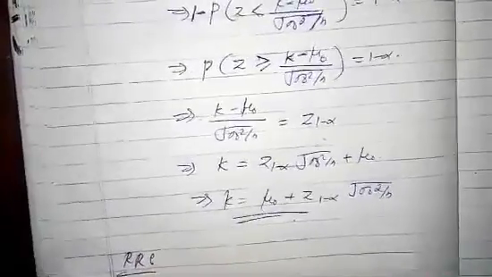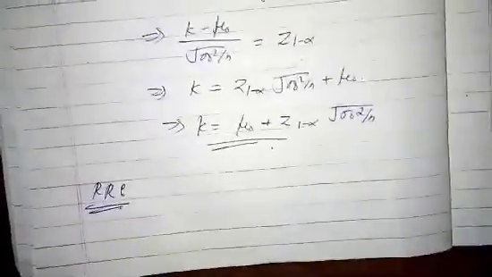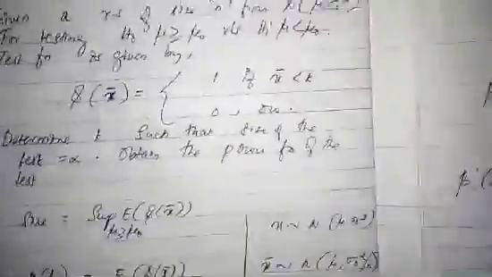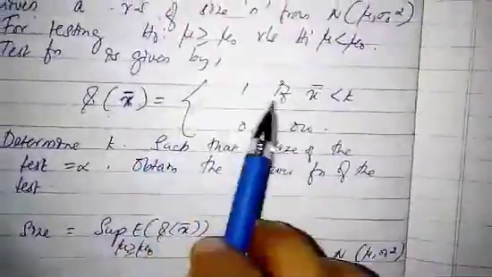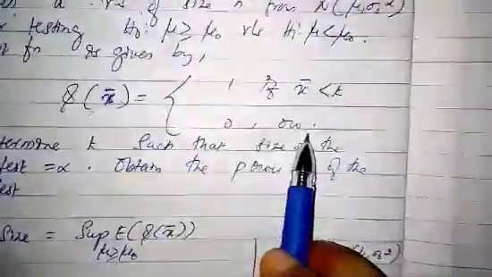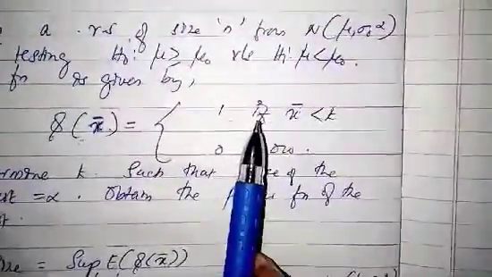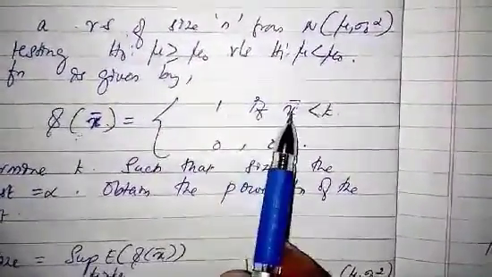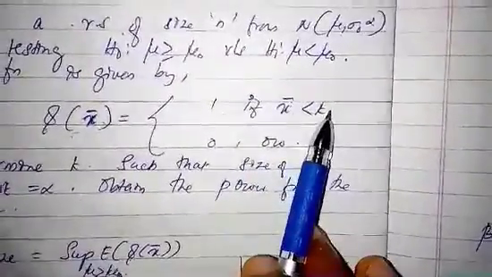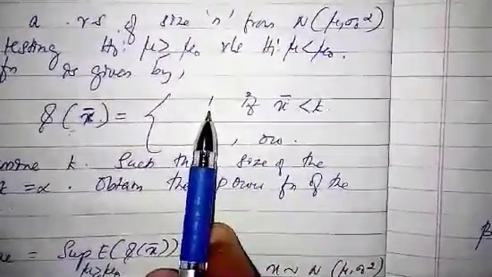Then what is the rejection region here? In the test function it is given that 1 if x bar is less than k, 0 otherwise. That means we reject h naught when x bar is less than k with probability 1.